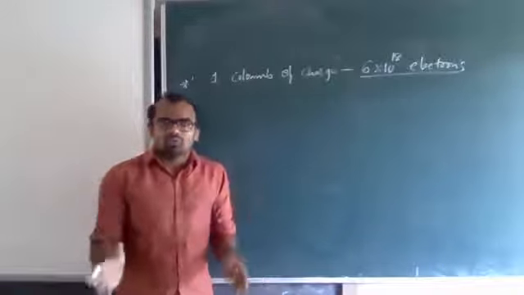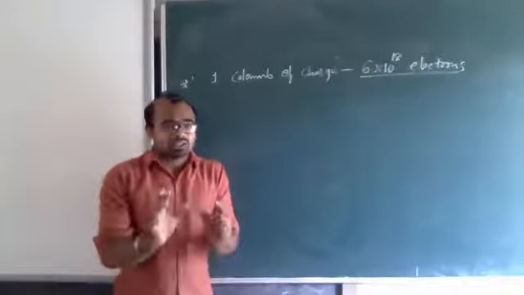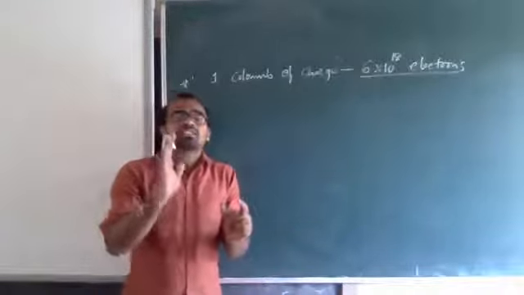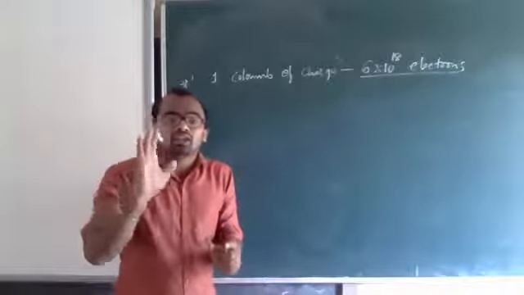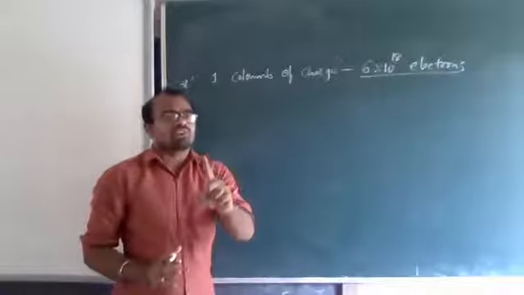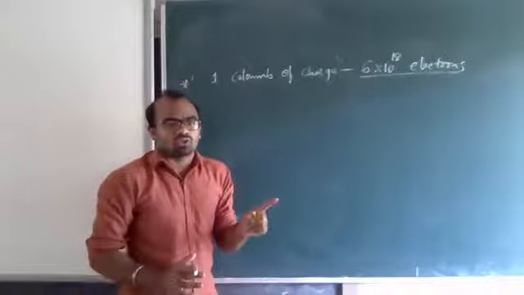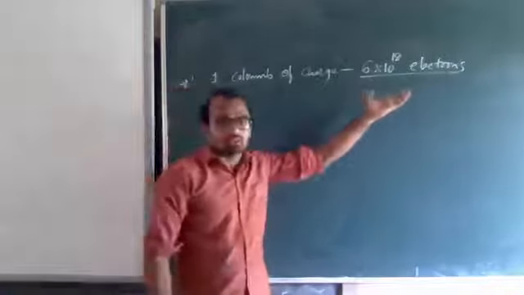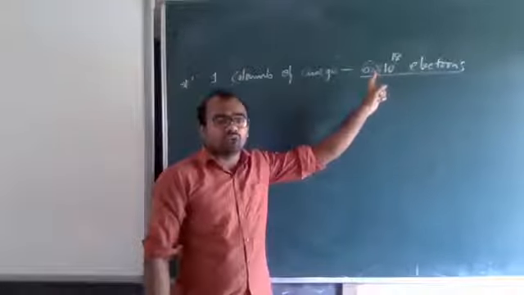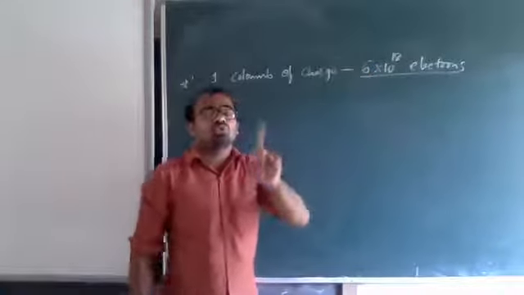If you say 1 coulomb of charge is flowing, that means a group of 6 into 10 to the power 18 electrons is flowing. Remember, this is a very important number: 6 into 10 to the power 18 electrons constitute 1 coulomb of charge.